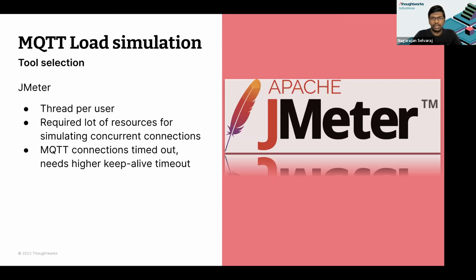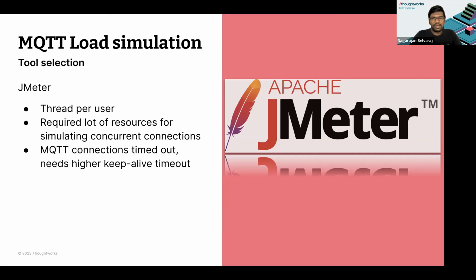MQTT, by nature, uses a long-lived TCP connection. It's not like HTTP, where the connection gets closed on every request. Here, the channel between the device and the cloud stays open as long as it can. To make sure the connection stays alive, MQTT has to send heartbeats.